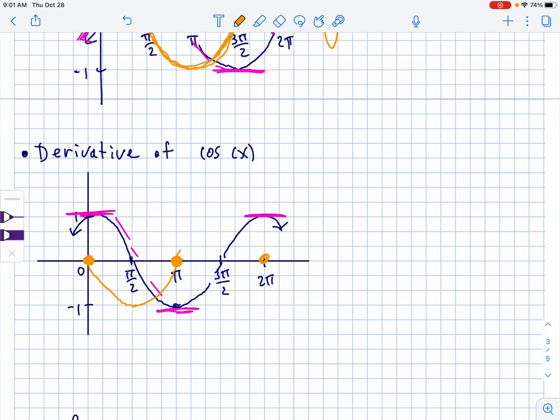So it looks like this. That looks a lot like a cosine curve, except it's upside down, or sorry, it looks a lot like a sine curve. Upside down sine of x, which is just negative sine of x. So if y equals cosine of x, then y prime equals negative sine of x.